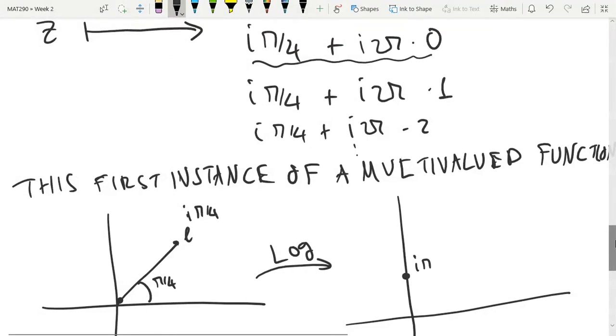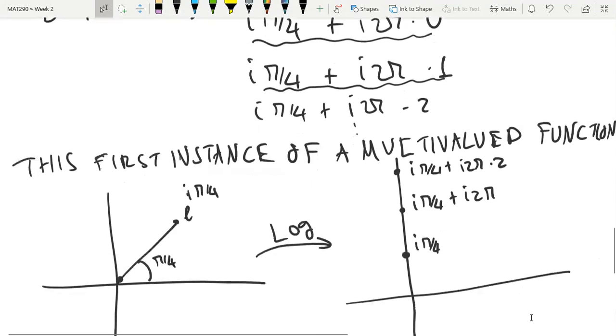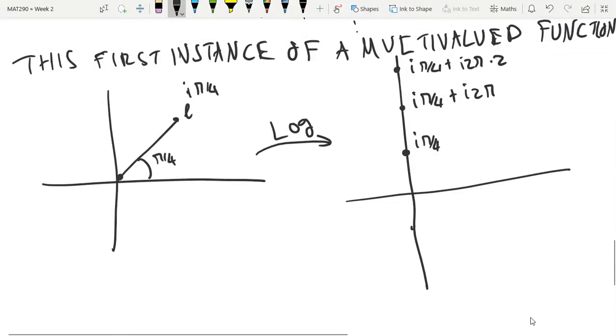This guy is over here. We have the plus 2 pi i, this guy is over here. Let me draw one more. And then one below. Okay. Plus i 2 pi, minus 1, and so on. And so a single point got mapped to multiple points.